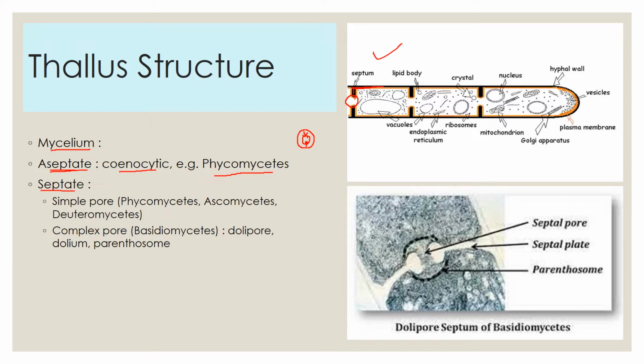Now, what do I mean by chemical information? Say this hypha is growing over a very extensive area. We know that the apical area of any hypha is the growing region, and this entire area interacts with the chemical nature of the immediate surroundings.